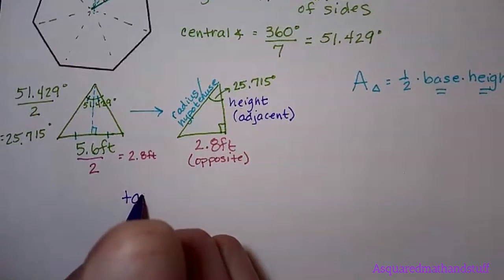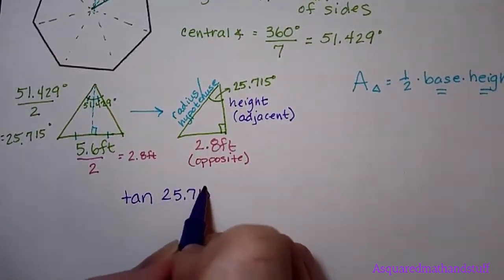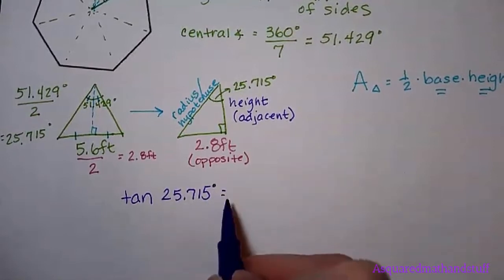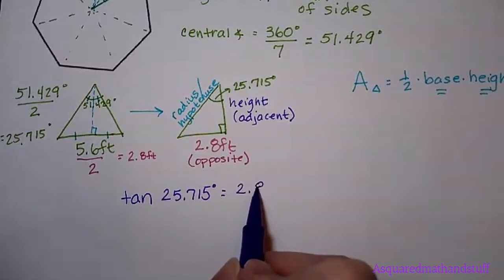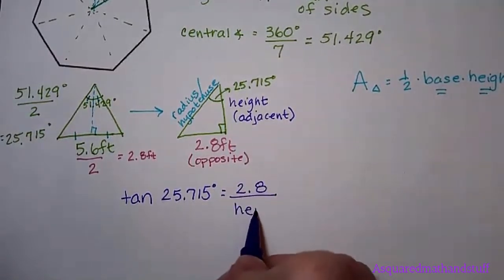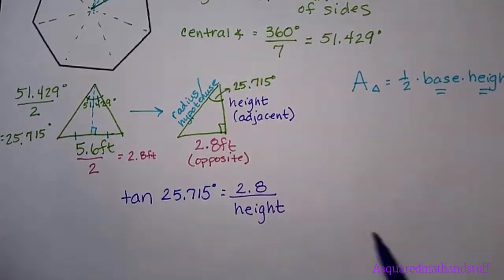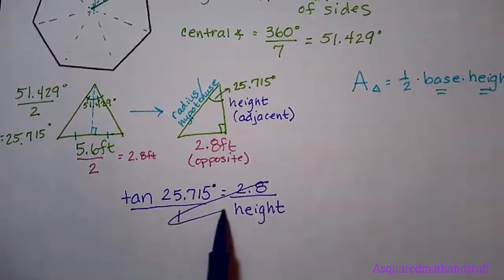So tangent of 25.715 degrees is equal to the opposite side, which is 2.8, divided by the adjacent side, which is our height. I'm going to put this over 1 so I can do some cross multiplication.